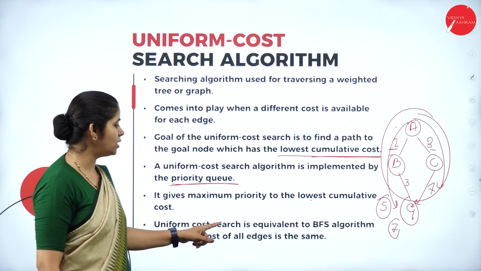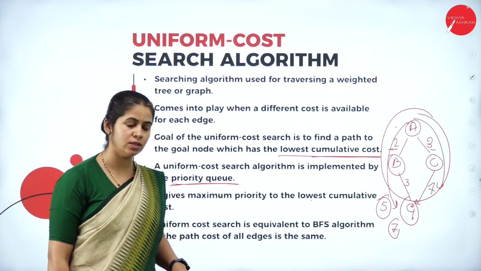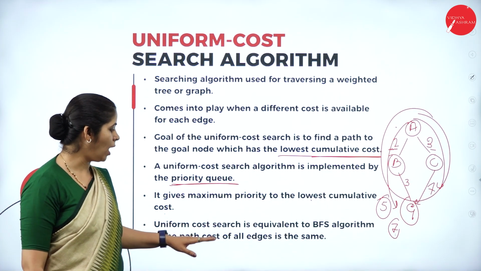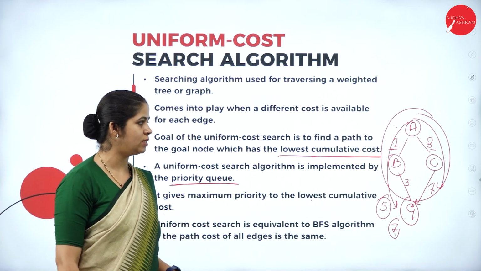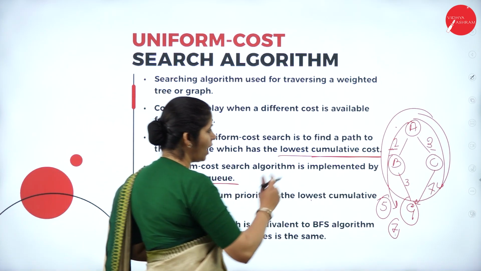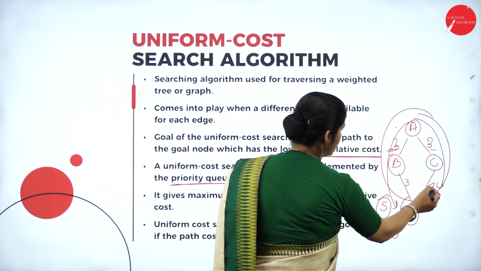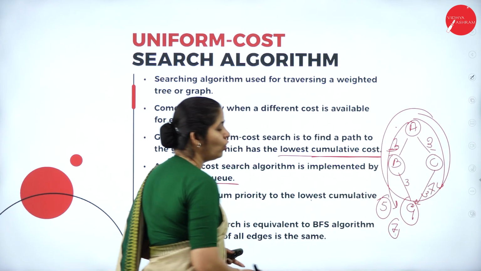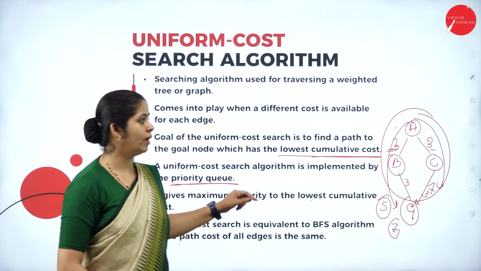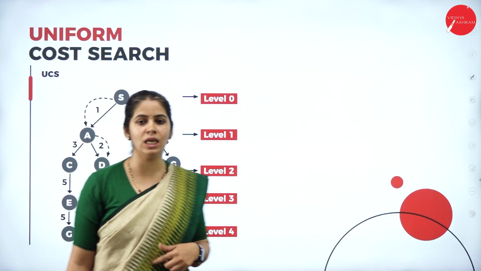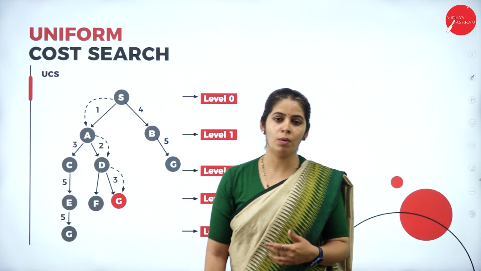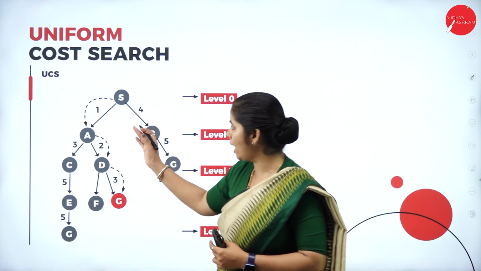The uniform cost search is equivalent to the BFS algorithm if the costs of all the edges are the same. If all the edges have the same cost, 3, 3 and 3, then it will follow the BFS algorithm. Next, let us understand this uniform cost search algorithm with an example.